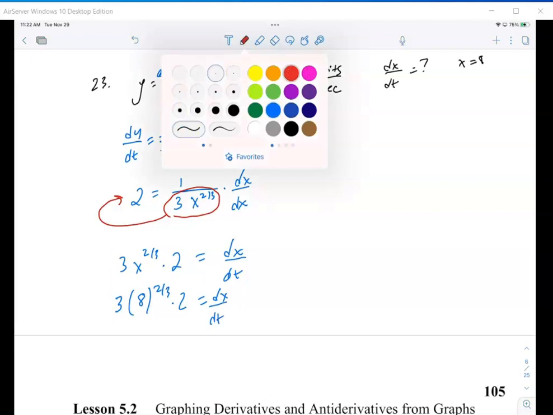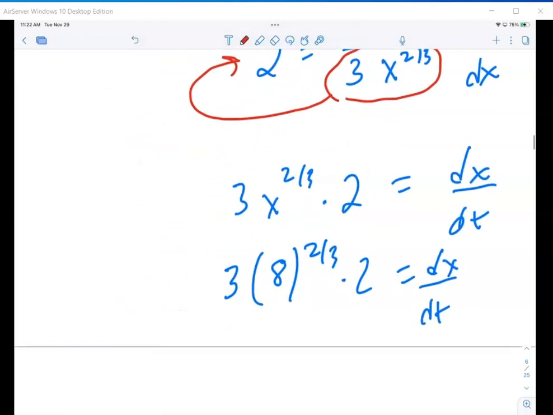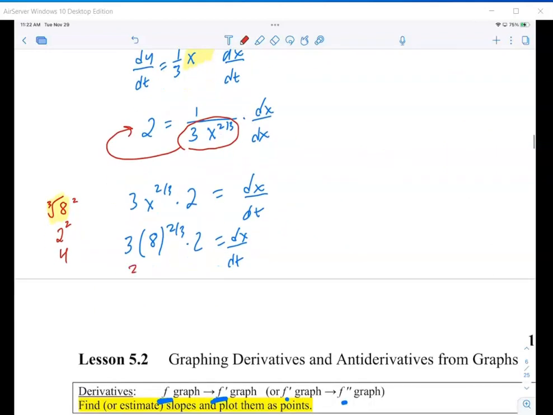So I need to figure out what 8 to the 2/3 is. Remember, it means 8 squared, cube root. I'm going to do the root first. Okay? So cube root of 8 is 2. 2 squared is 4. So this is going to give me 3 times 4 times 2.